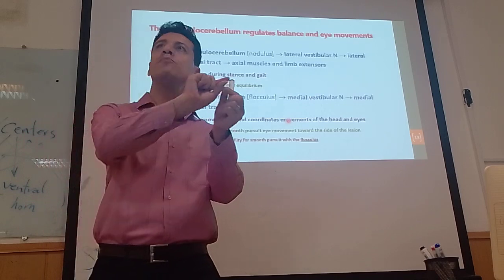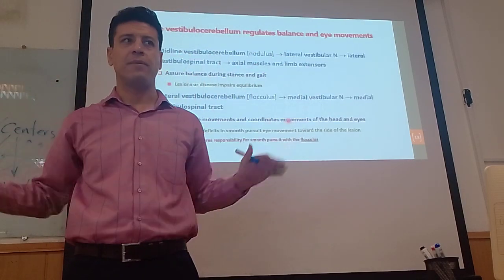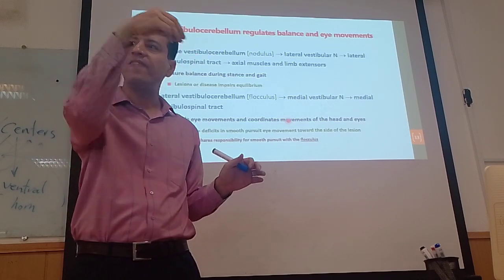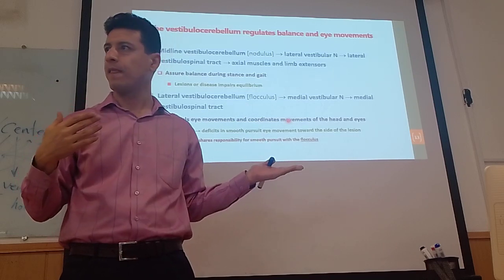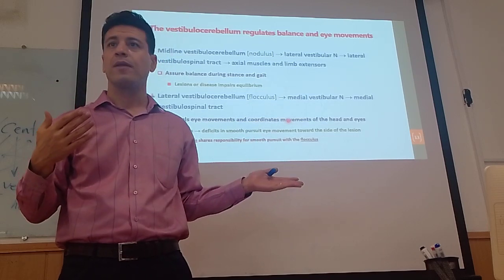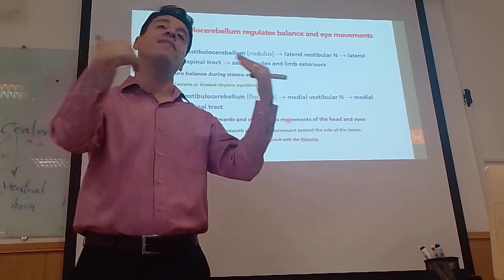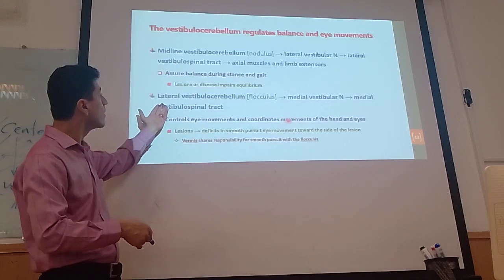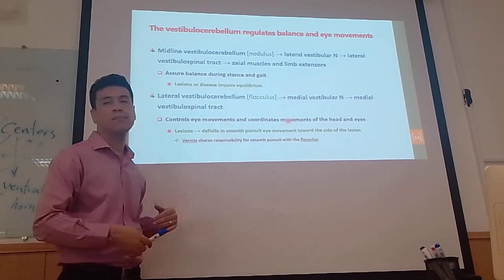So anything that moves in the environment, eyes are locked onto them, and eyes move with them. This is called pursuit eye movement. Okay, so this movement is controlled by the brain, but the cerebellum helps in this movement. Which area? Lateral vestibular cerebellum.